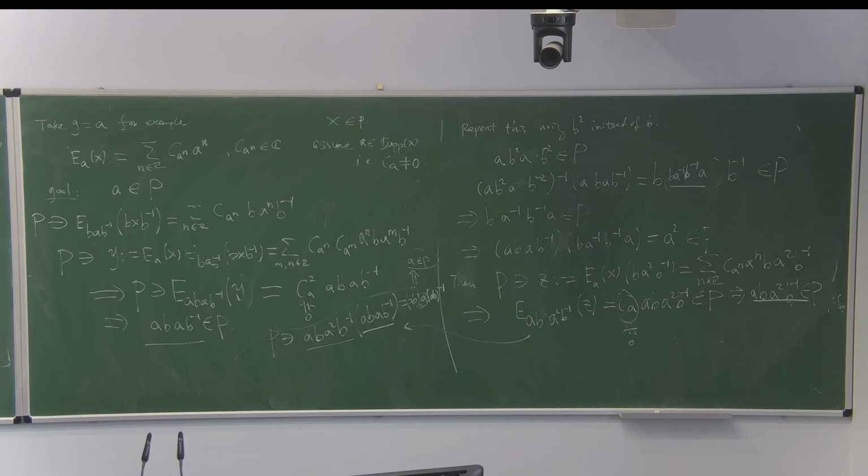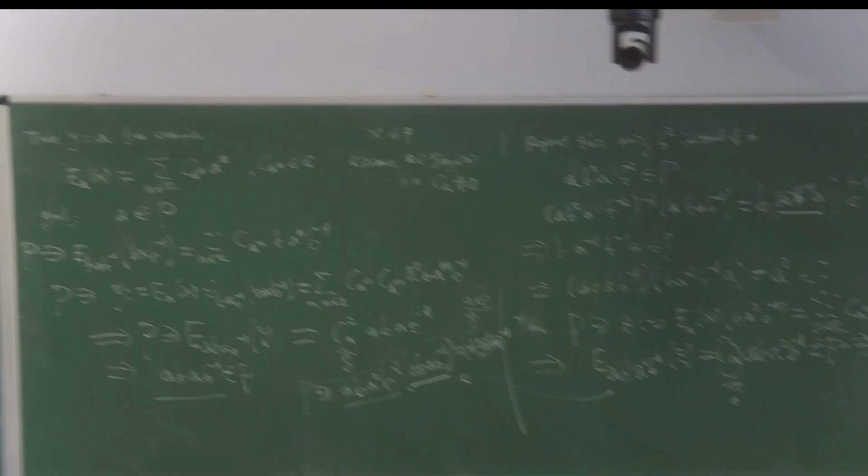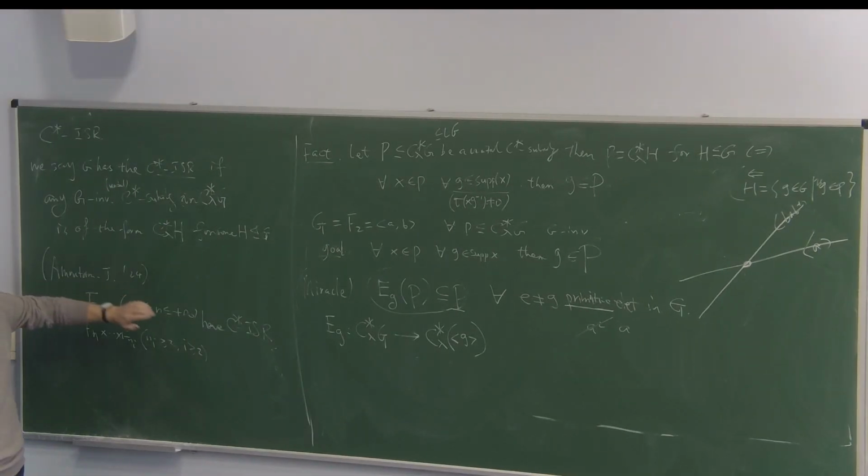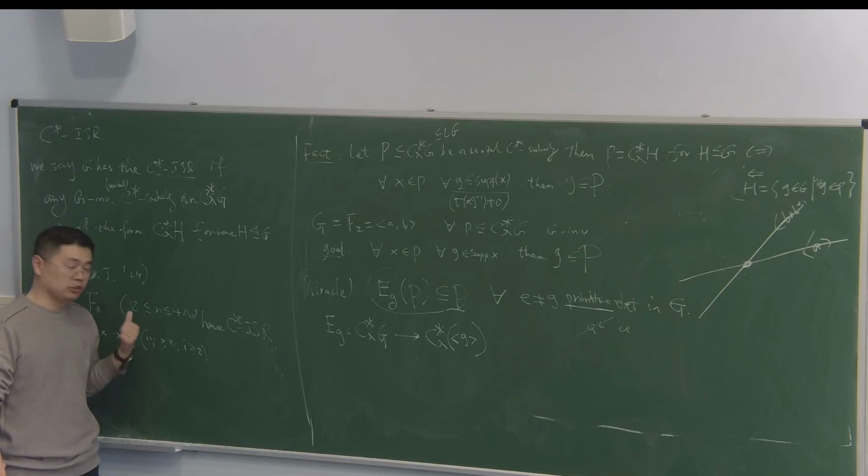One more word: since this is a new notion, for now we only know these groups have C star SR, and we also know wherever a group has C star SR, it is either a C star simple group or a very special amenable group, which is simple and with only one non-trivial ideal in the group C star algebra of this group.